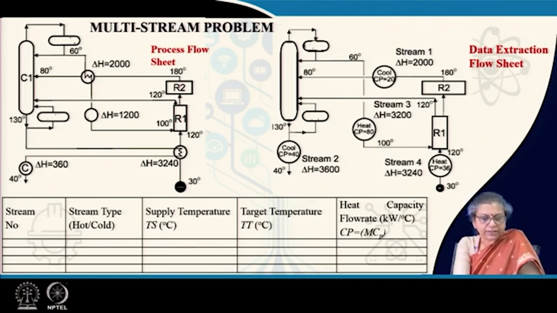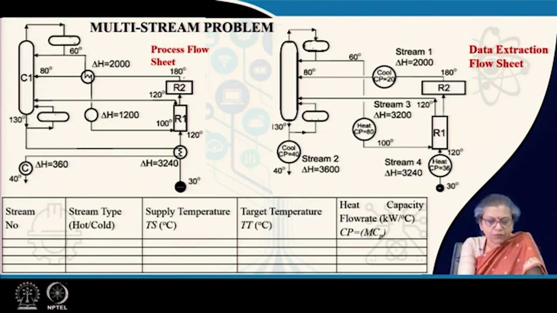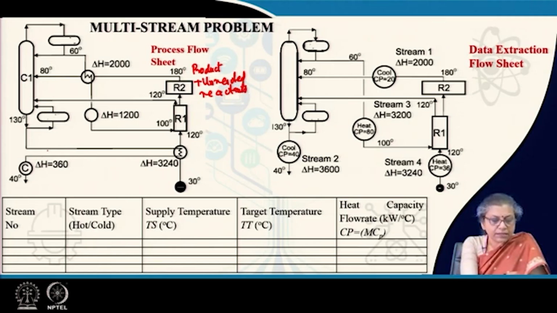From the second reactor, what comes out? The product comes out, and along with that the unreacted reactants also come out. From economic considerations, I would like to separate the two, take out the product and recycle the unreacted reactants back. So, how do I plan to separate the two?